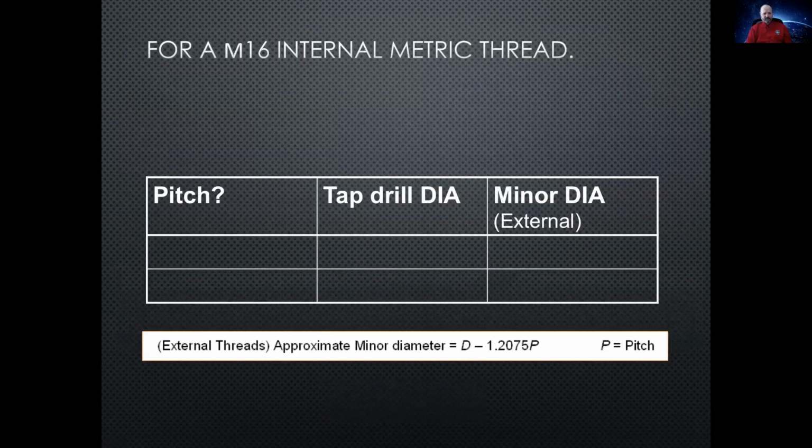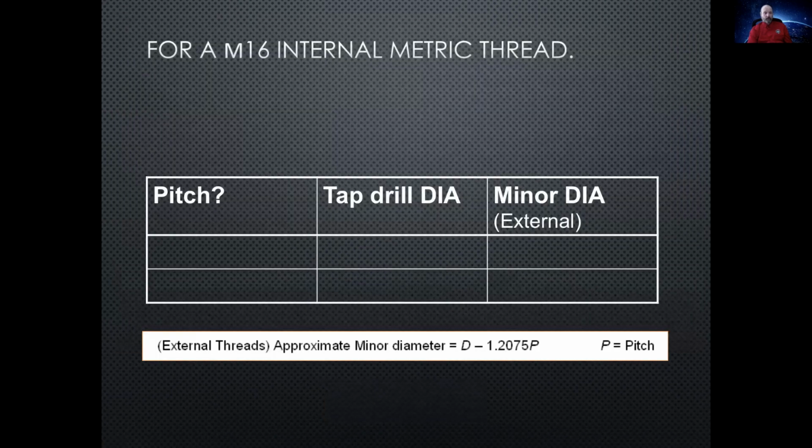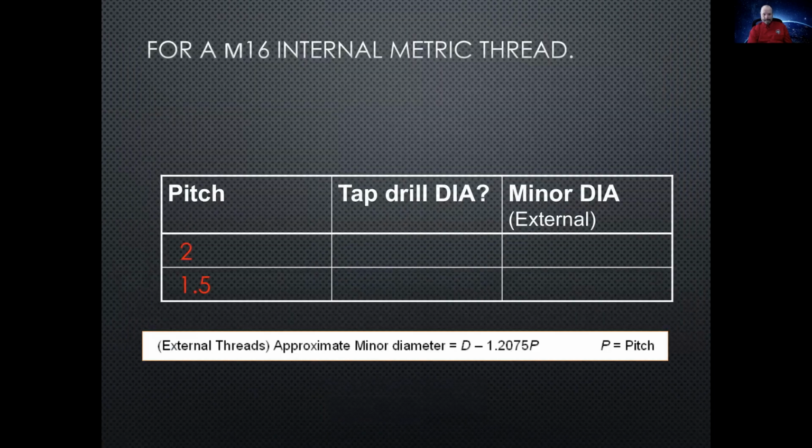Okay, so let's take a look at this. Right, so what do you think the pitch is going to be? Okay, for an internal metric thread. It's going to be 2 or 1.5, depending if it's fine or not, right?